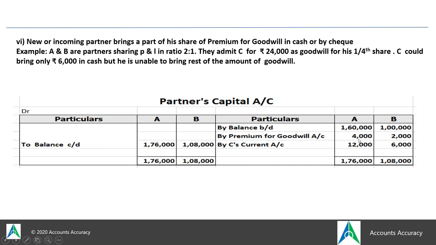And here the 6,000 which has been brought by the new partner in cash will be reflected as 4,000, that is 6,000 into 2/3 for A, and 6,000 into 1/3, that is 2,000, for B. So this is how you reflect it: the amount brought in cash will be premium for goodwill, and the amount which he could not bring in cash will be reflected as C's current account.